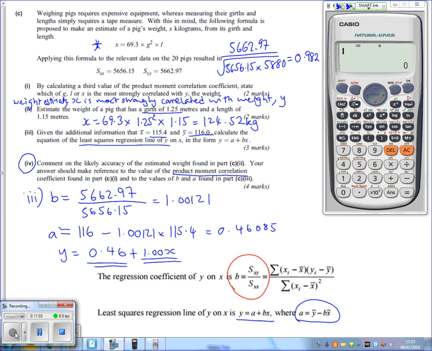This is a very strong positive correlation between the actual weight and the estimated weight, that's what we're thinking about.